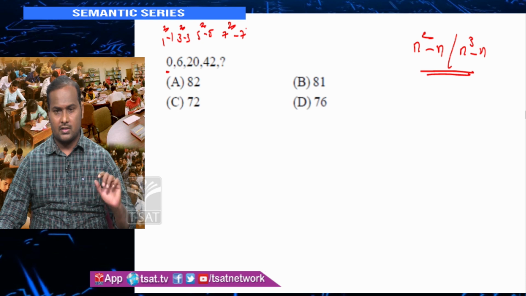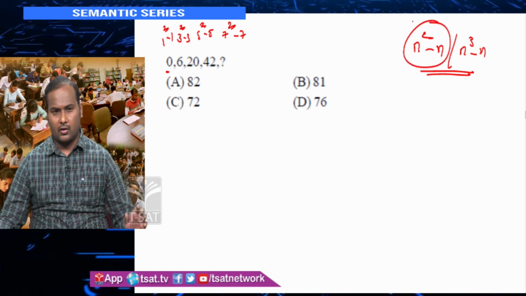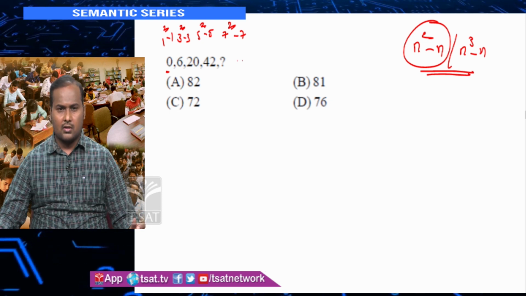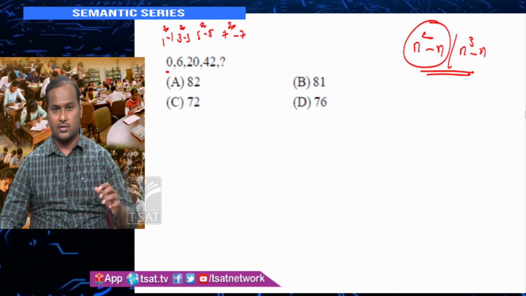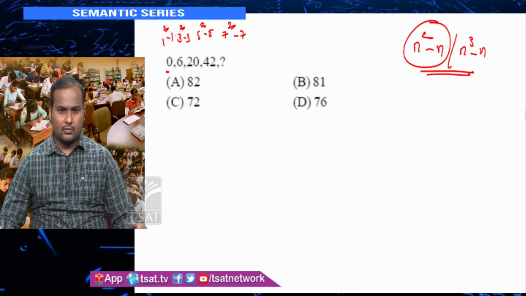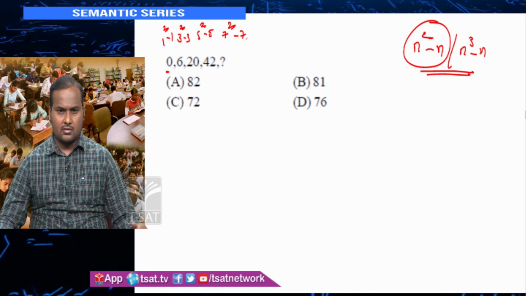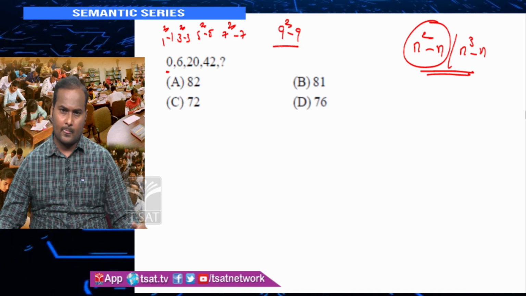So this question is in the format of n square minus n, but it is not following 1 square minus 1, 2 square minus 2, 3 square minus 3. It is just changing these numbers like 1, 3, 5, 7, not consecutively. So 1 square minus 1, 3 square minus 3, 5 square minus 5, 7 square minus 7. The answer will be 9 square minus 9.